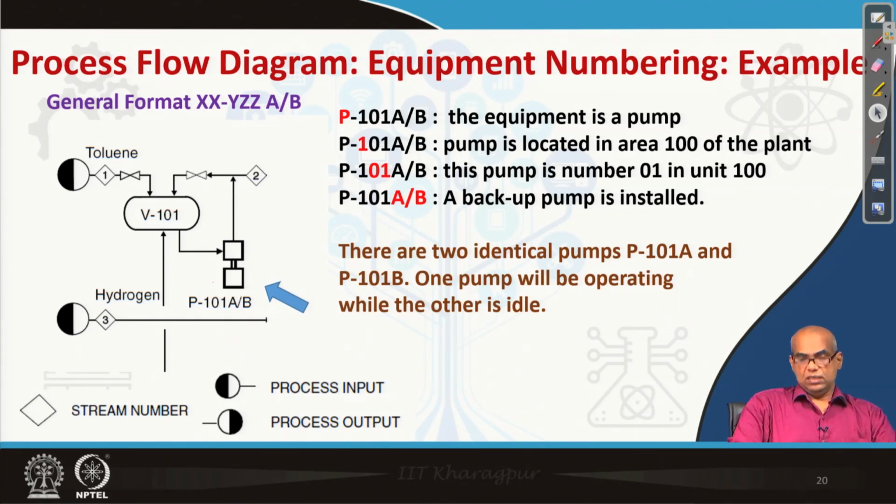Then 01 means that this particular pump is numbered 01 in the unit 100. And finally, A/B represents that a backup pump is installed. So, there are two identical pumps, P101A and P101B. One pump will be operating while the other is idle.